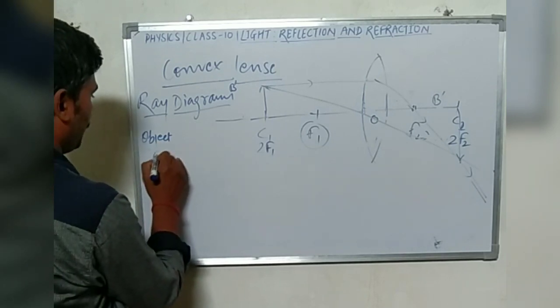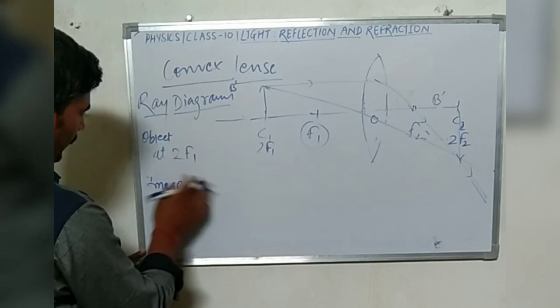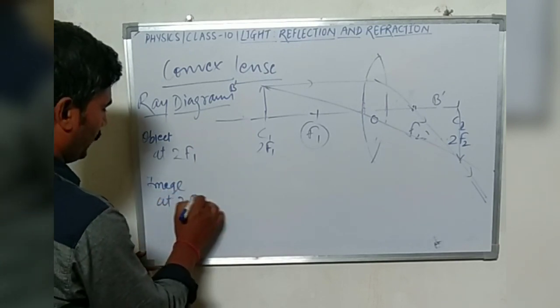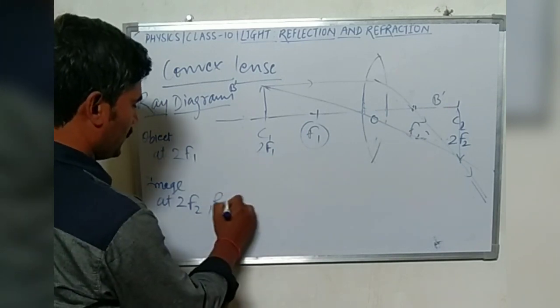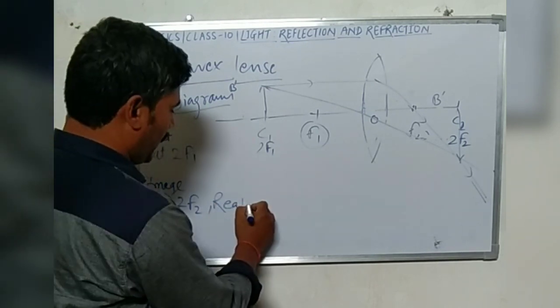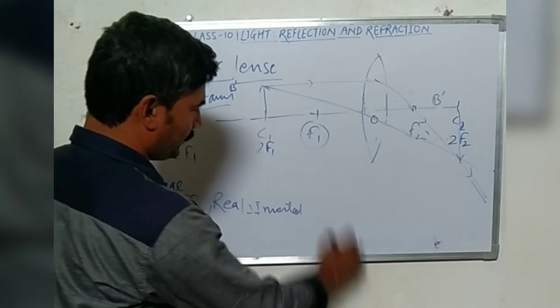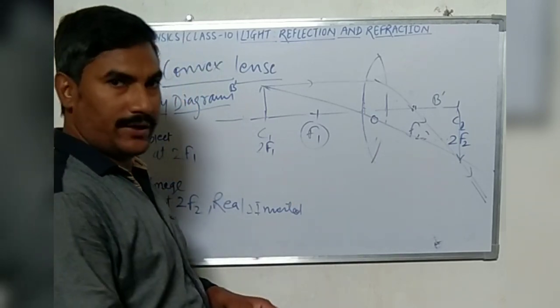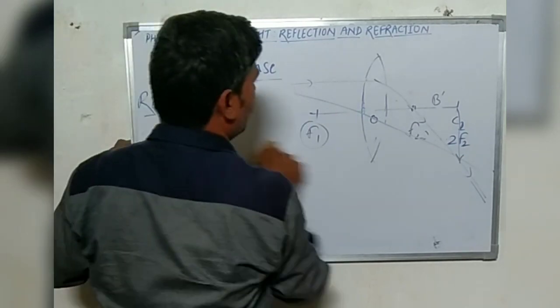When the object is placed at 2F1, the image will be formed at 2F2, and since the rays are actually meeting, the nature of the image is real and inverted. So now let's move towards the third case.